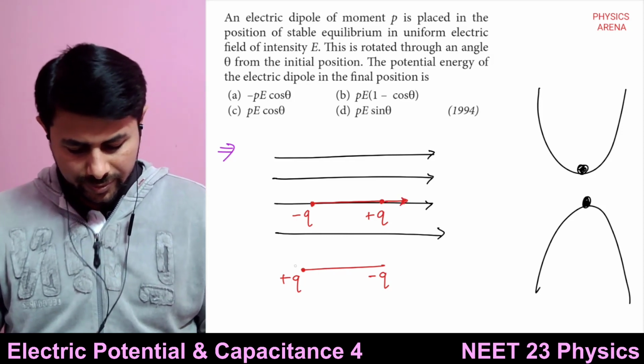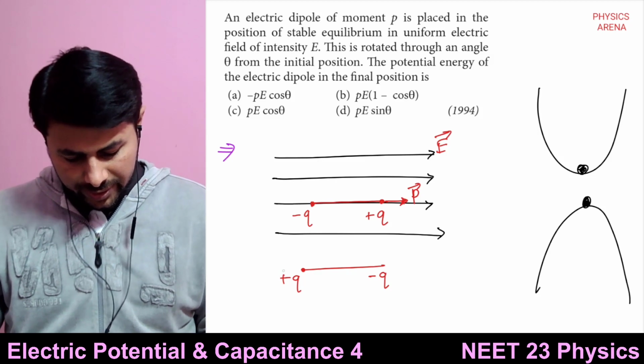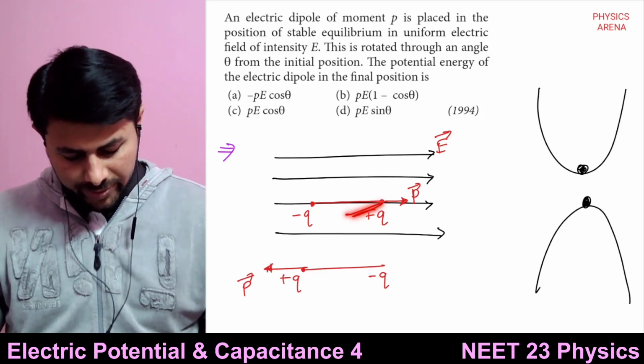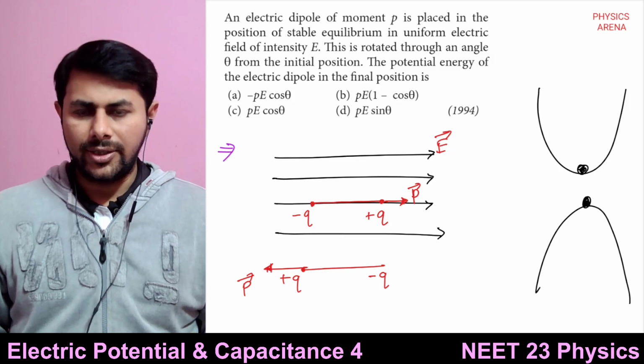In this case dipole moment is like this. In this case dipole moment is opposite to the electric field. So this is stable equilibrium, this is unstable equilibrium. Got it? Yes, no?